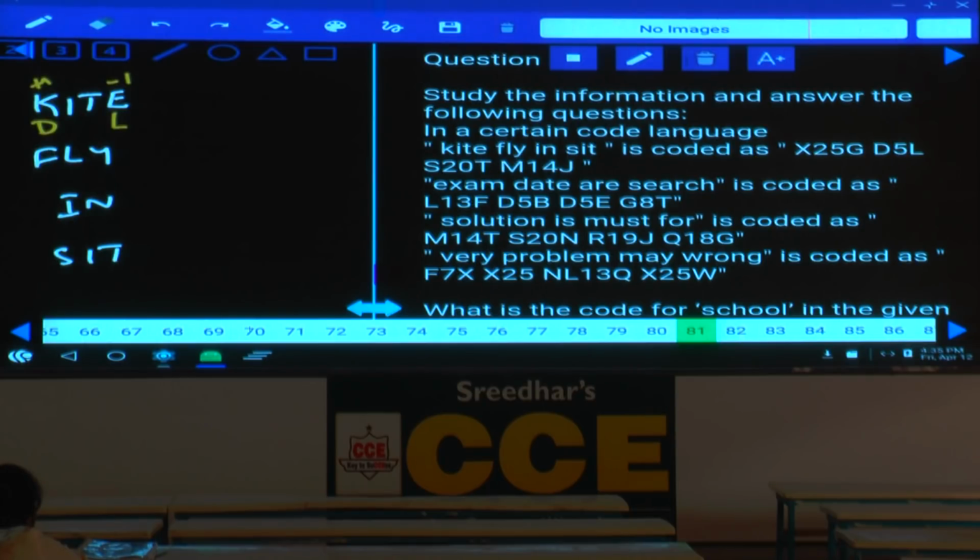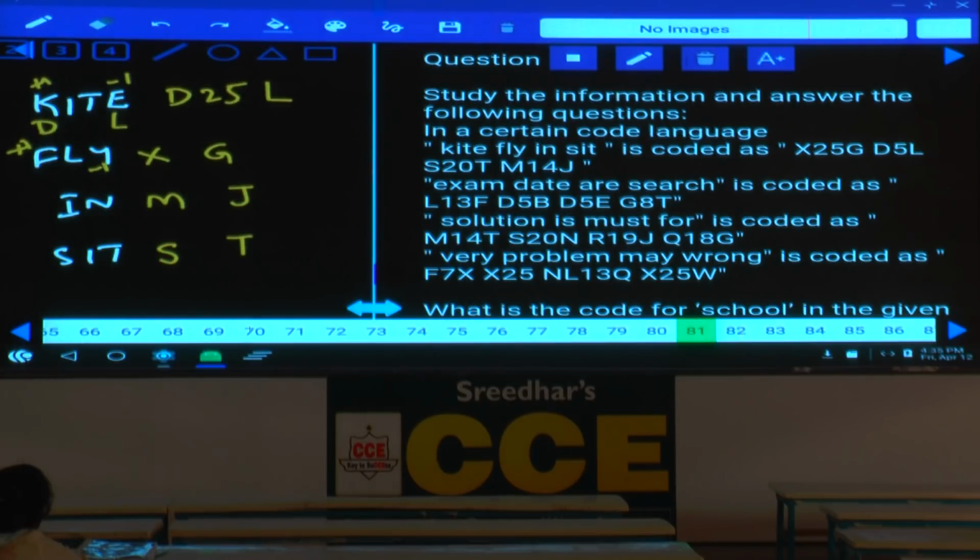Similarly, F plus 1 is G, and Y minus 1 is X, so here it is DL and XG. I plus 1 is J, N minus 1 is M, and T minus 1 is S. Hence the first letter plus 1 is written as the last letter minus 1 written as the first letter. Then coming to the numbers, what are the numbers given here?